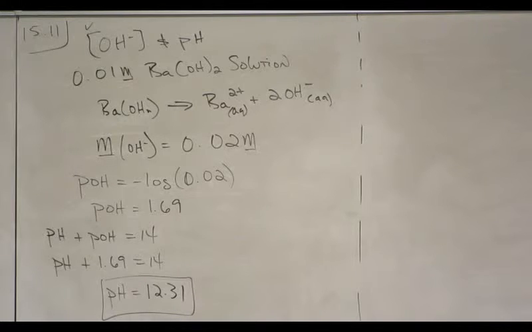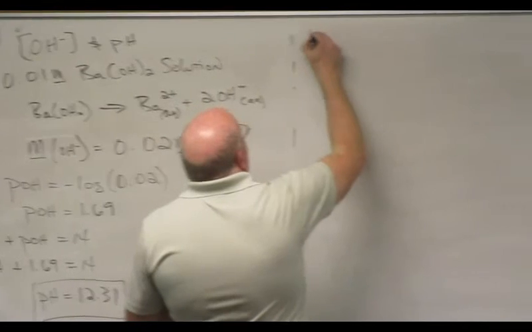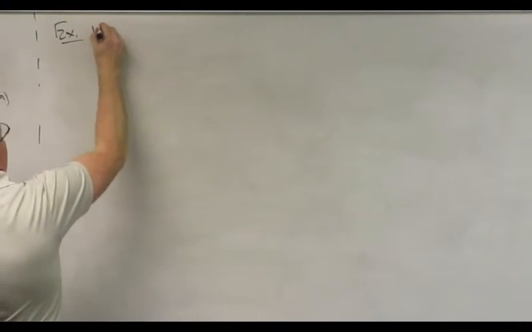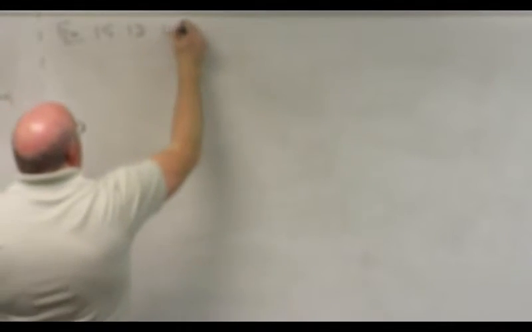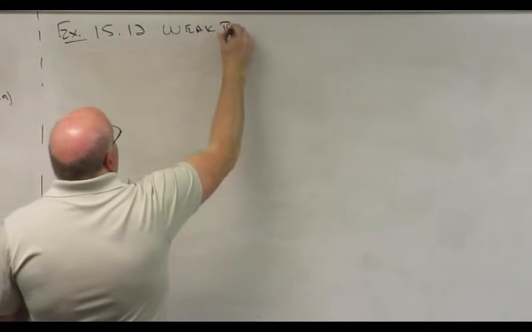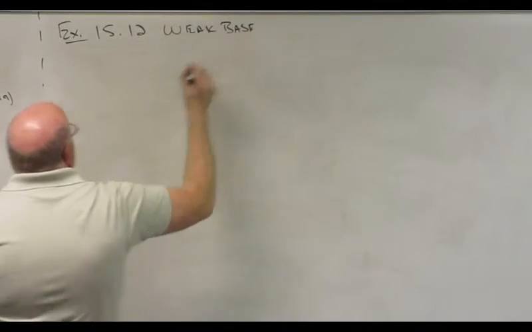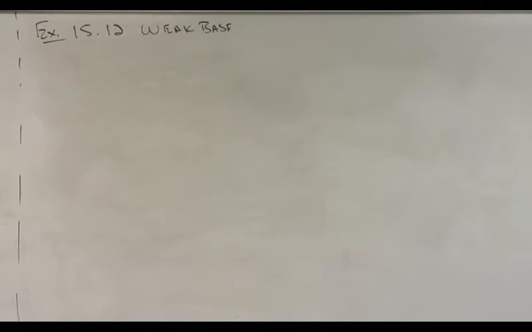Let's look at problem 15.12, and you have a weak base. This is a weak base problem. We're going to set it up a lot like we set up the acid problem. We're going to work through the same parts. Let's see what we have.